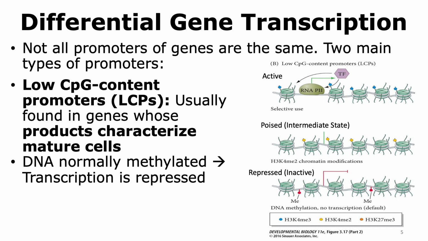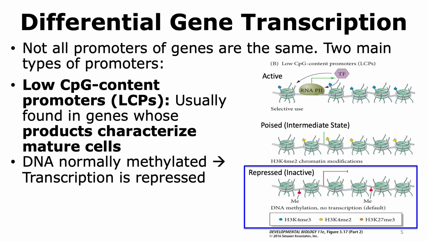If we look at the figure, in the case of the low CpG content promoters, because of methylation of the DNA, transcription normally does not happen, and hence the gene is in a repressed state. This is usually the default state of the genes that are associated with the low CpG content promoters.